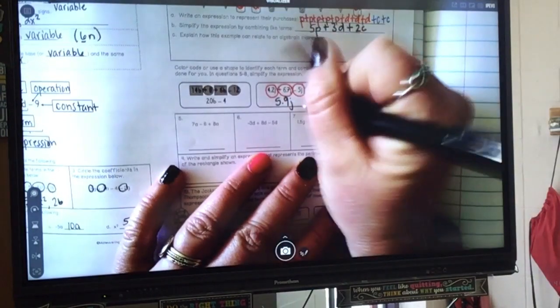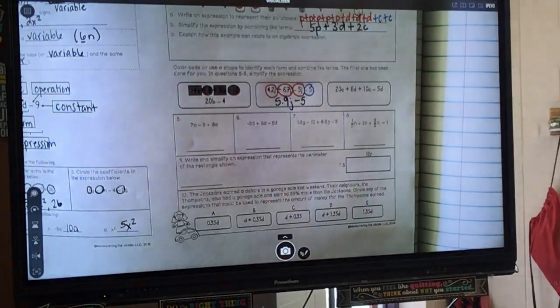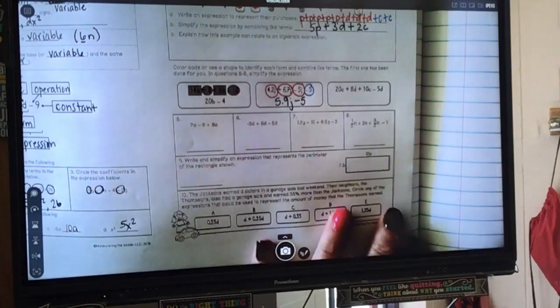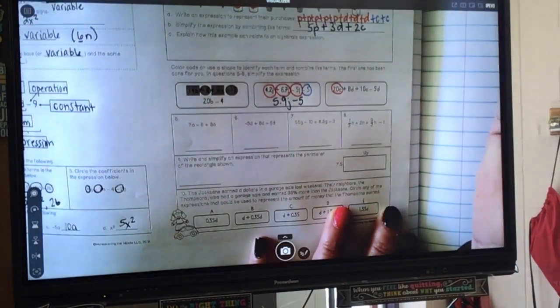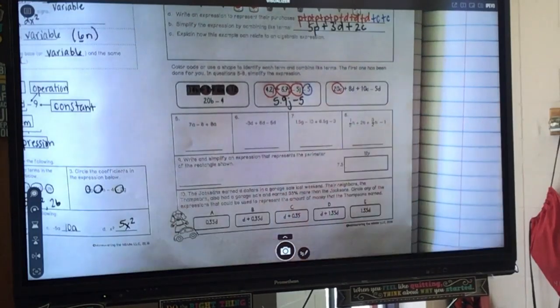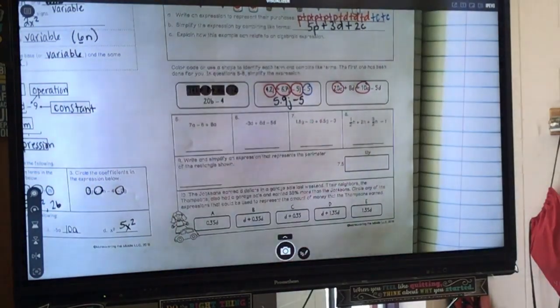All right, the next one: 20C plus 8D plus 10C minus 5D. What can I combine? Jackson, 20C and 10C, not just 10C. Because that plus is telling me that you're adding. Okay, all right, that's tough.